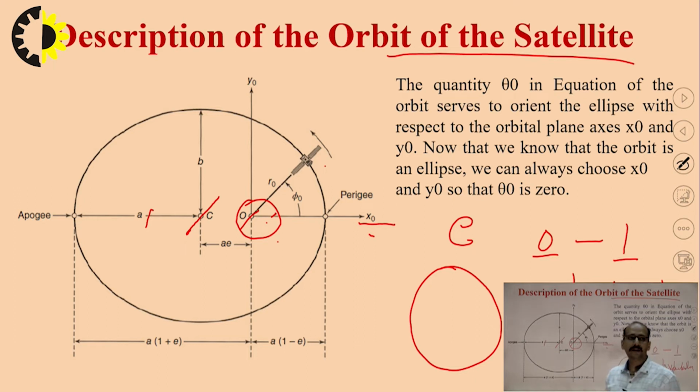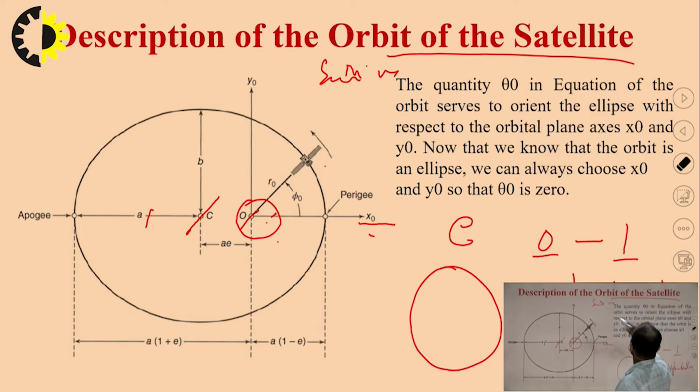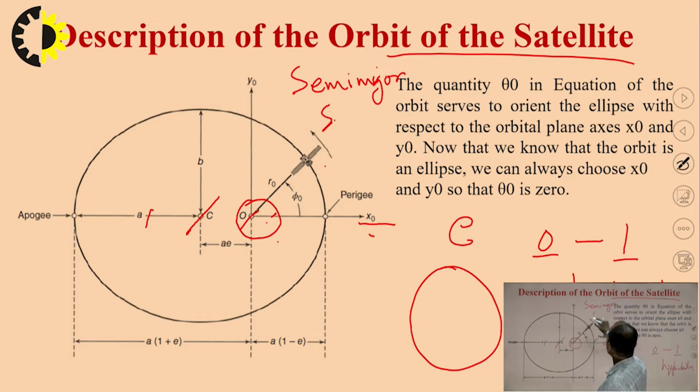Every ellipse has two axes: the first one is semi-major and the second one is semi-minor.